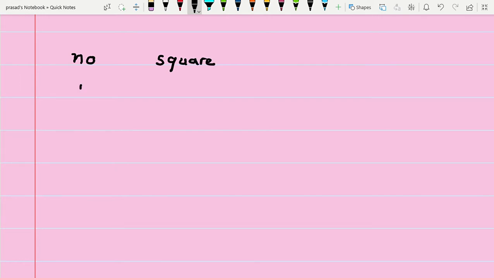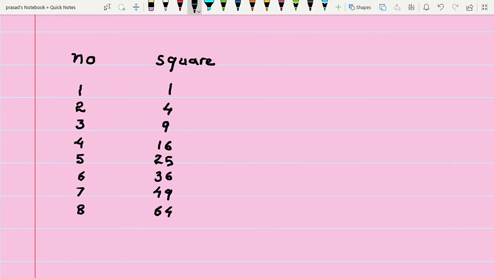If I consider the number 1, its square is 1. 2, the square is 4. 3, the square is 9. 4, the square is 16. 5, the square is 25. 6, the square is 36. 7, the square is 49. 8, the square is 64. 9, the square is 81. And 10, the square is 100.